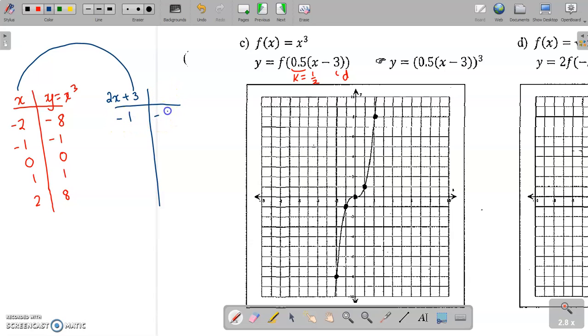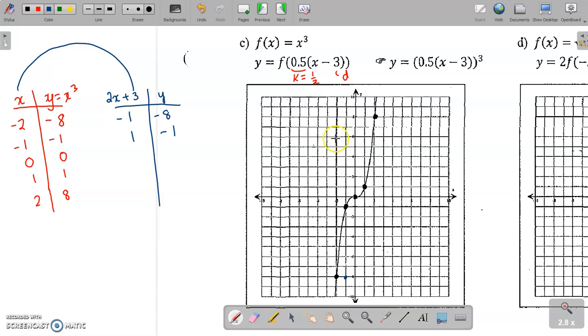And your y value is minus 8. So if you look here on the graph, if this was your original point, your transformed point is going to be right here.